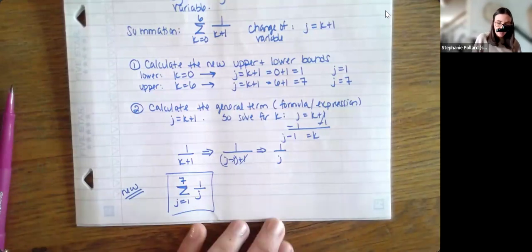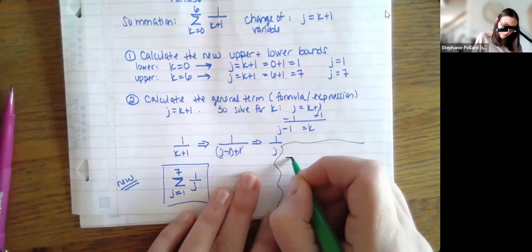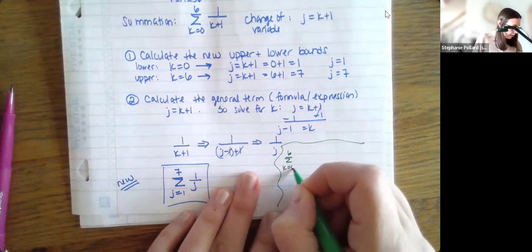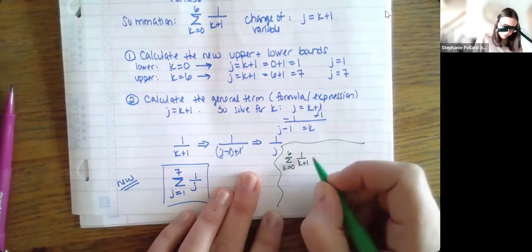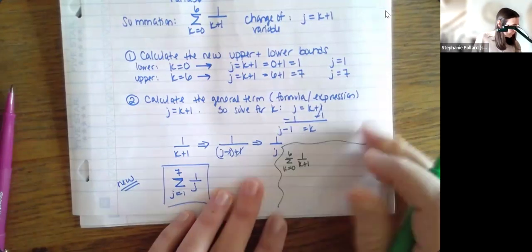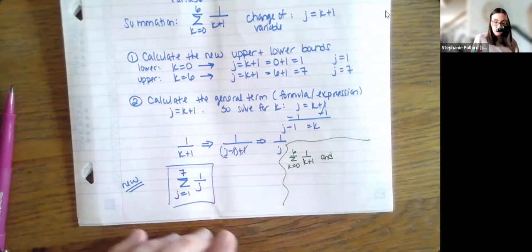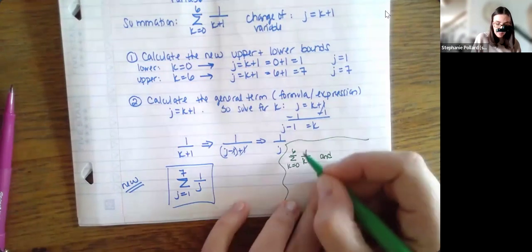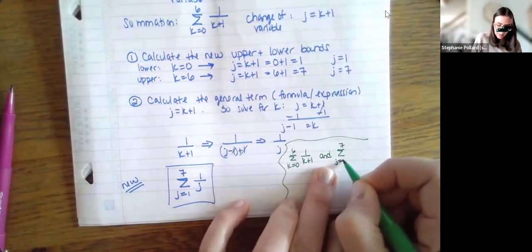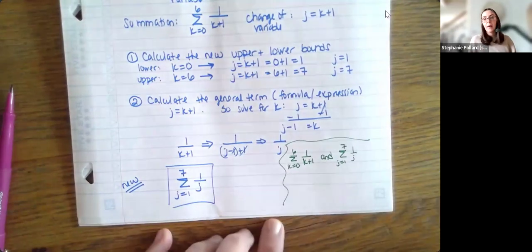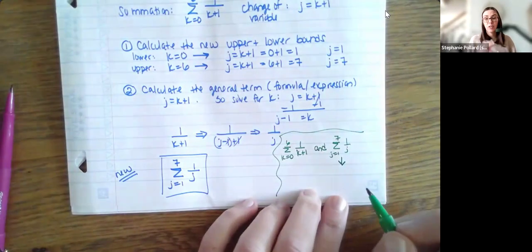As a little side note, let me go back to my original here of k. We just saw that this becomes this, which is the same thing as j going from 1 to 7 of 1 over j. Another common thing to do at the end is, if you don't like j's, you can switch it to any variable you want.